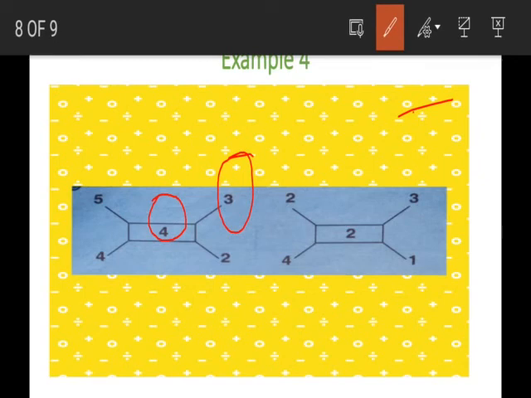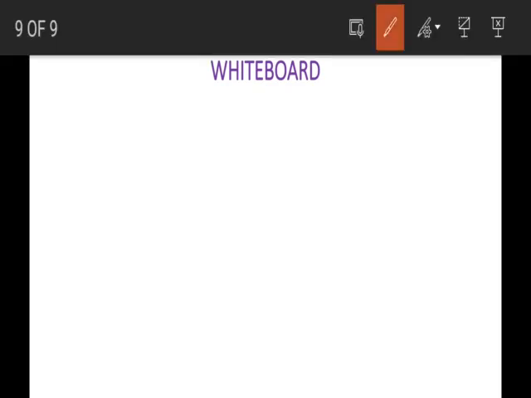Assuming the 2 at the base was not given, how do we get our 2? We have it as the two numbers at the left hand side, which is 5 plus 4. 5 plus 4 gives us 9.